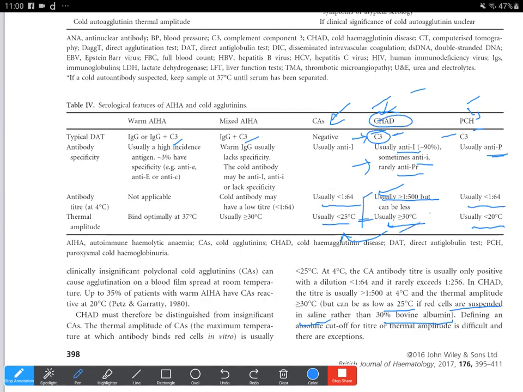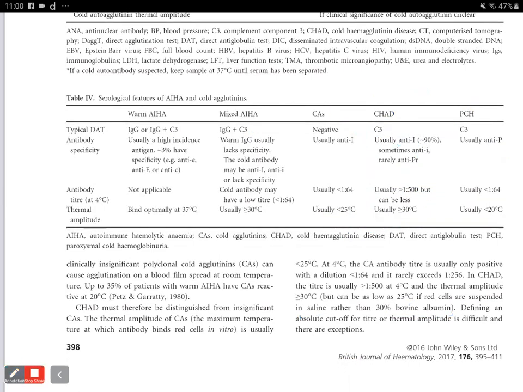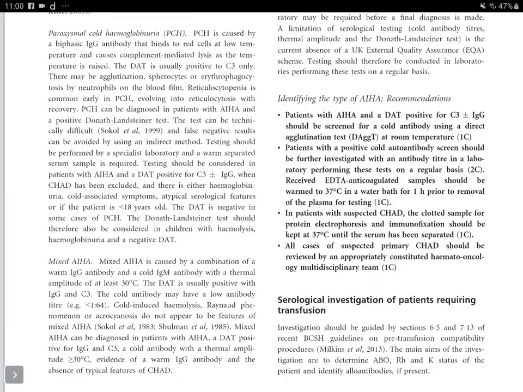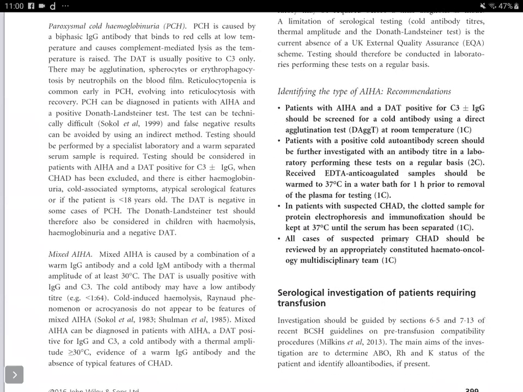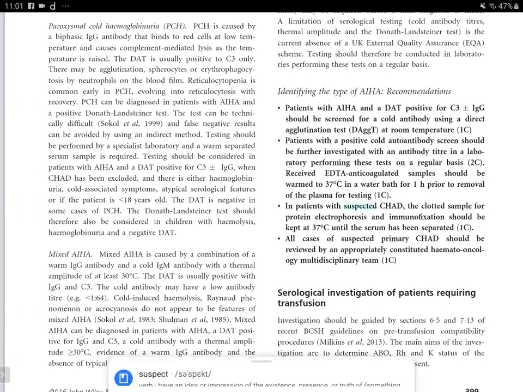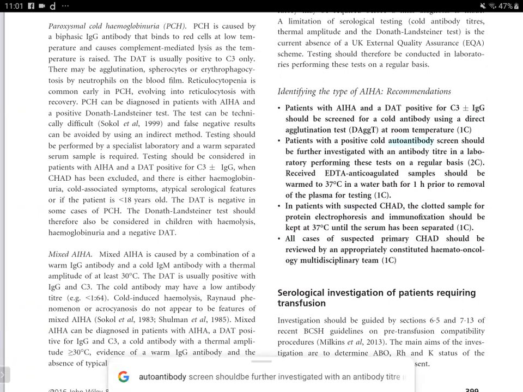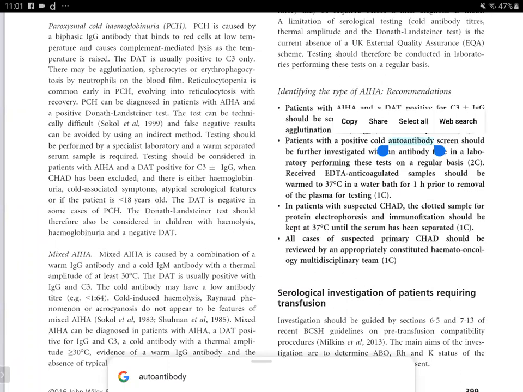Then there was also this diagnostic pathway that was important, and I think here they've mentioned the same things about the direct agglutination test and the EDTA sample that needs to be kept at 37 in a water bath 1 hour prior to removal of plasma for testing in cases of the cold autoantibody screen. And in a patient with suspected CHAD, the clotted sample for protein electrophoresis also needs to be kept at 37.